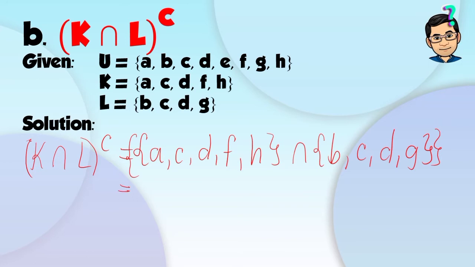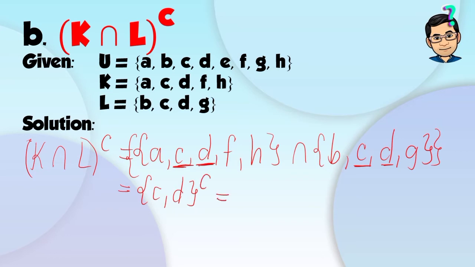Next. So ano ba yung common elements ng dalawang set na yan? So we have element C and D. Ayan. So yun yung intersection ng dalawa na yun. So C and D. So yun na ba yung final answer? Siyempre hindi pa. Because meron pa tayong operation na complement sa labas nila. Okay.